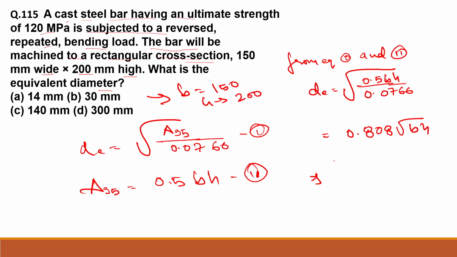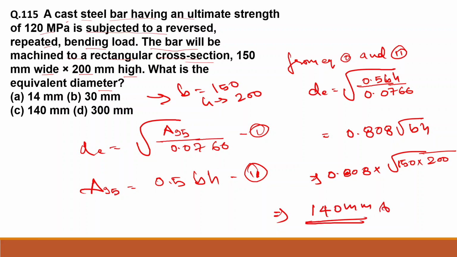By applying 0.808 into root over of 150 into 200 and solving this, I get D equivalent is equal to 140 mm, and 140 mm will be our right answer. Option C will be our right option.